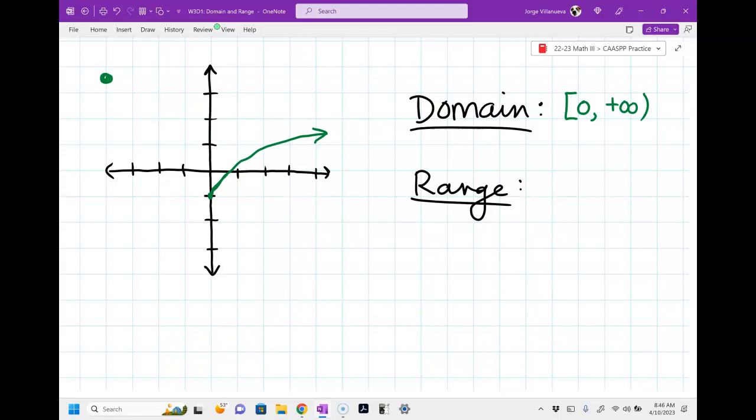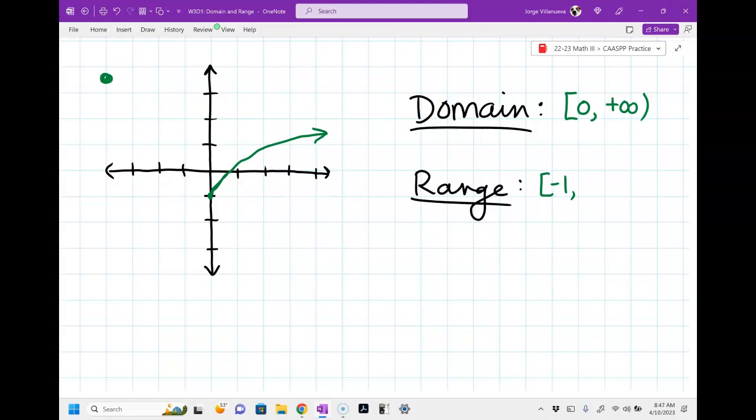All right, the range. How low does it go? In other words, the y value. What is the lowest y value? -1. How high is it going to go? I know this is kind of tricky, but you got to remember this graph is not only traveling right, but it's traveling up forever. That's what that arrowhead is basically saying. It's going in this direction forever.